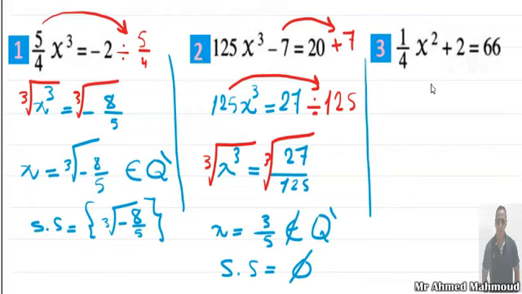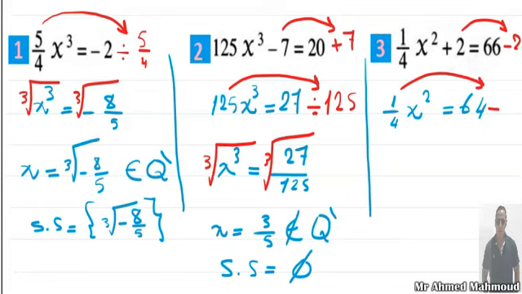Okay, here we have the third one. First I'm going to send plus 2 there as minus 2, then quarter x to the power of 2 equals 64. I'm going to send the quarter there as division by quarter, then x to the power of 2 equals 256.